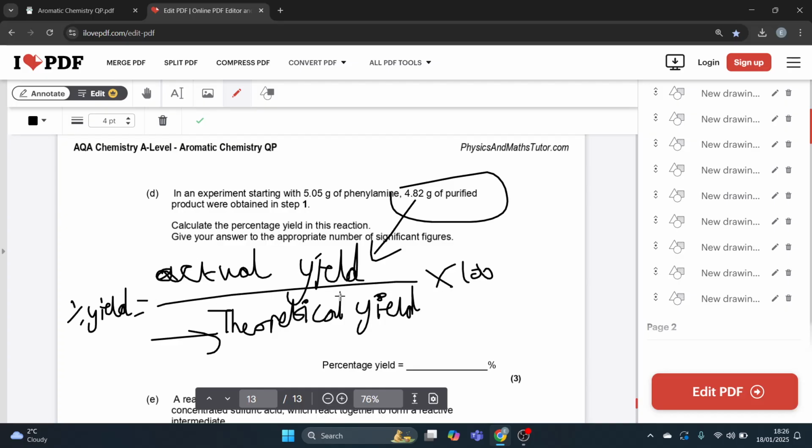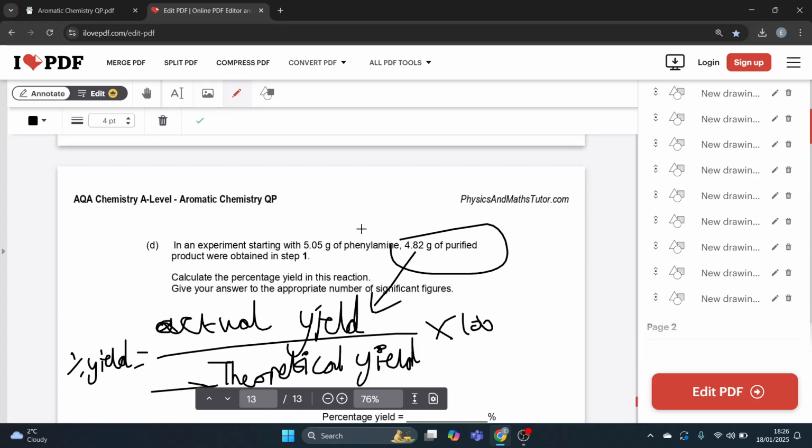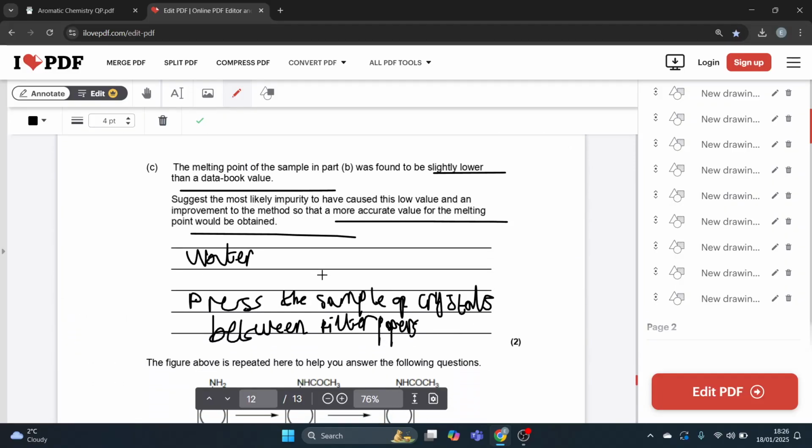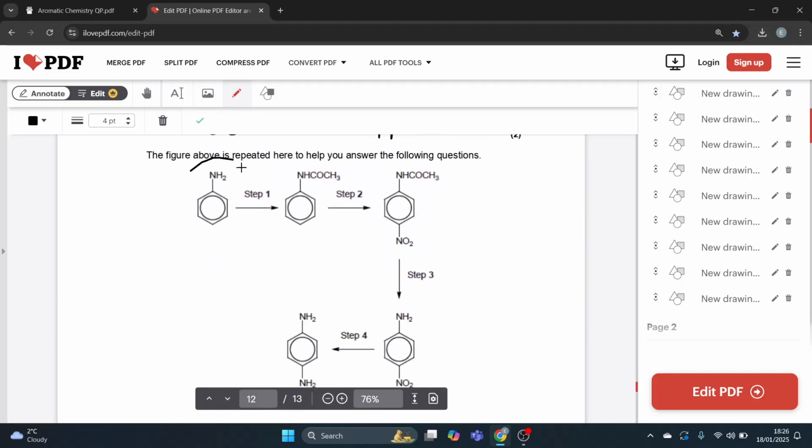How do I find the theoretical yield? I'm given this much of phenylamine in an experiment starting with this much of phenylamine. Now I need to find out the MR of phenylamine. So let's do that. It's going to be C6H5NH2, and I'm pretty sure I know all the MR values.